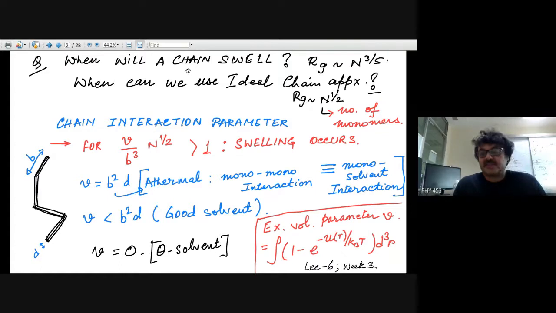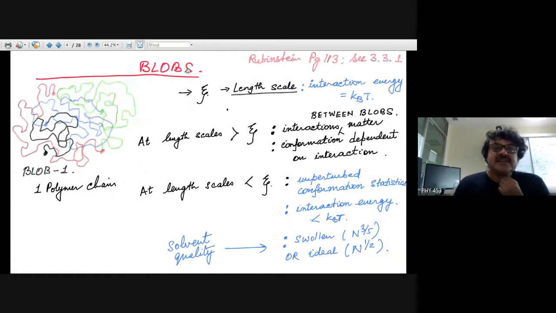to answer such questions, we introduced the idea of blobs, and this discussion is essentially from page 113, Rubinstein section 3.3.1, and it's essentially a length scale within the polymer.